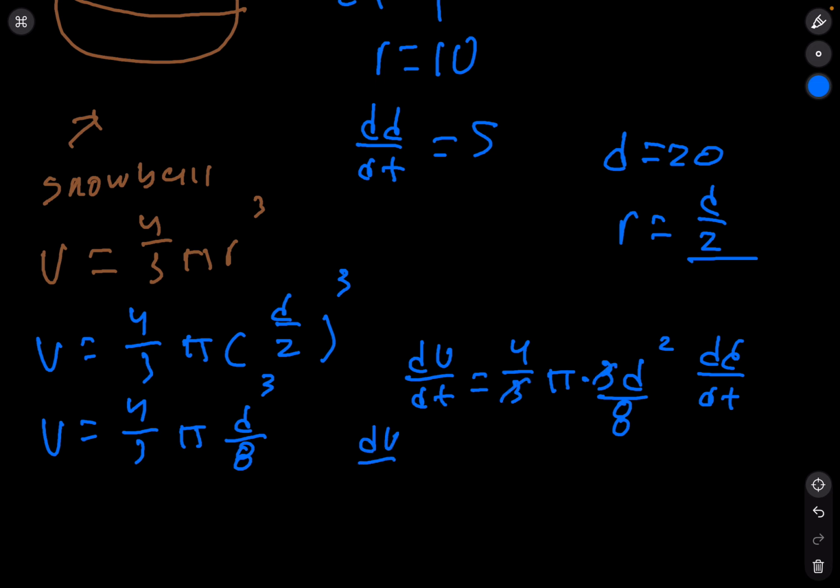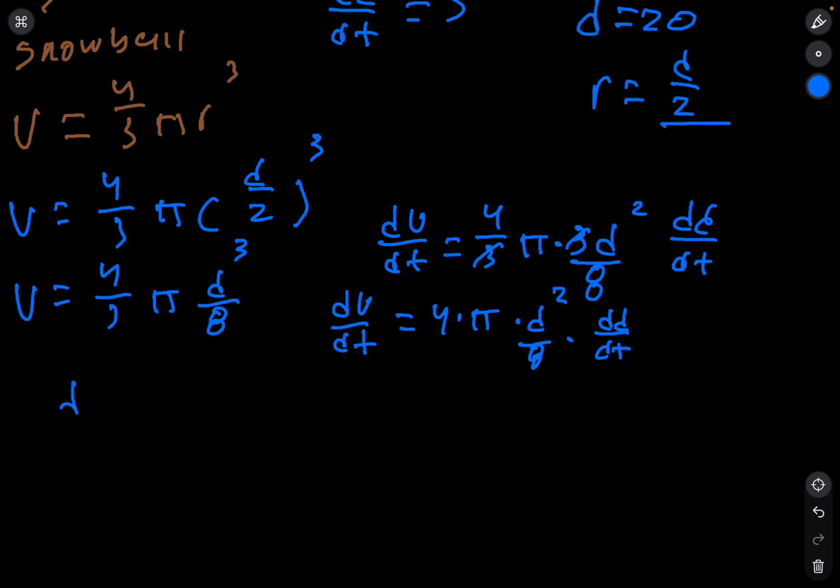So if we simplify, we have the change of volume with respect to time, which is equal to 4 times pi times d squared over 8 times the change of diameter. From here, we can just plug everything in.